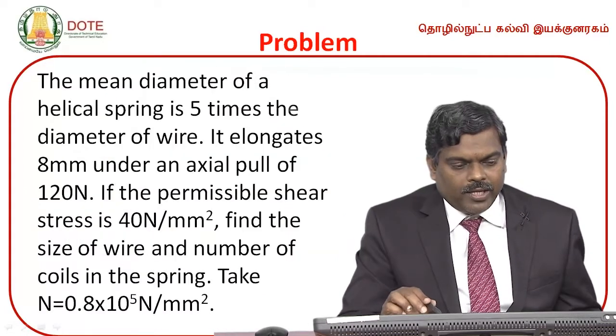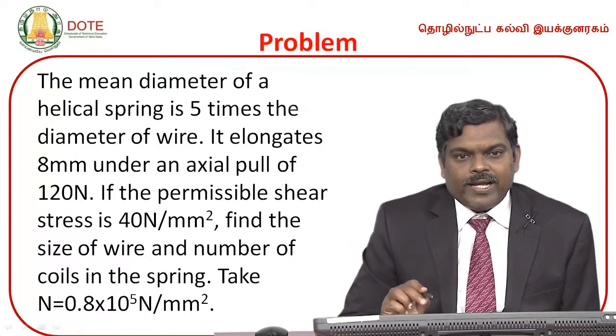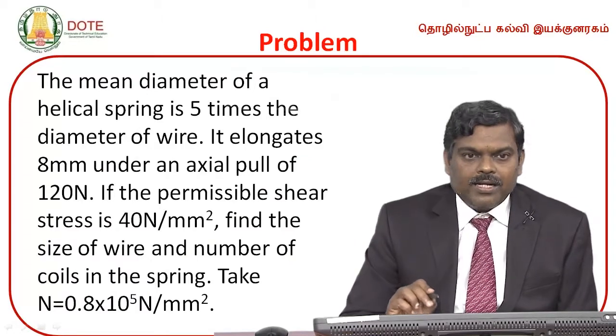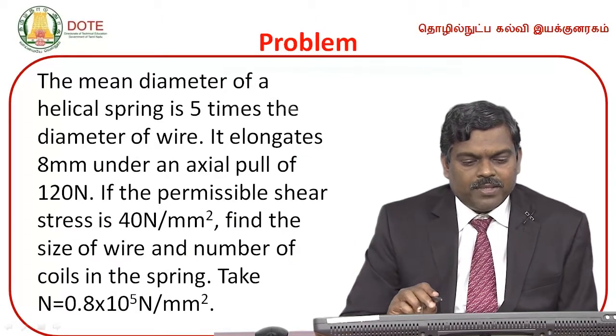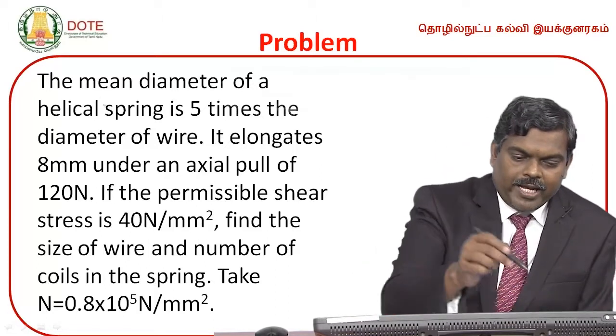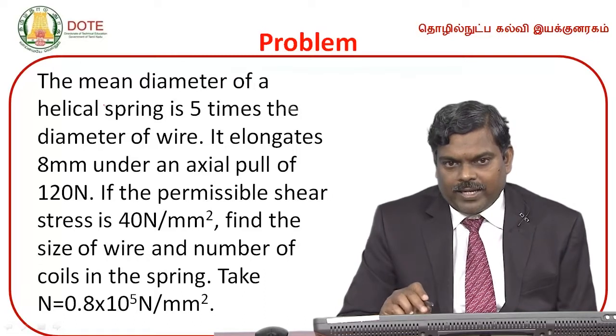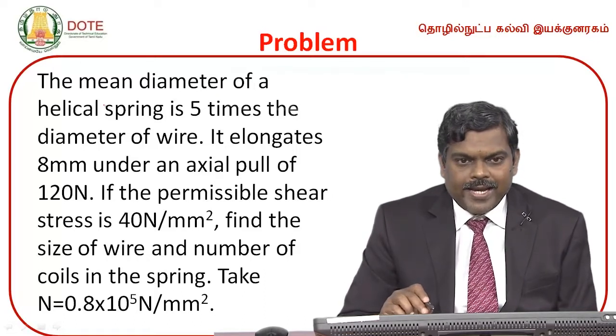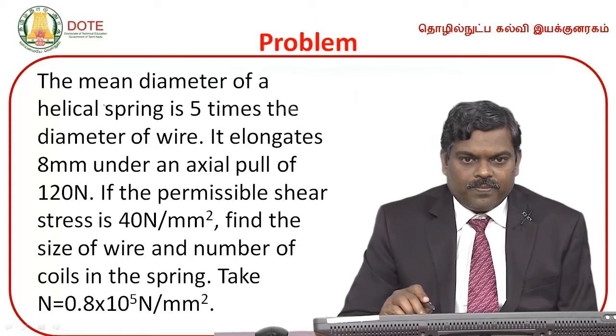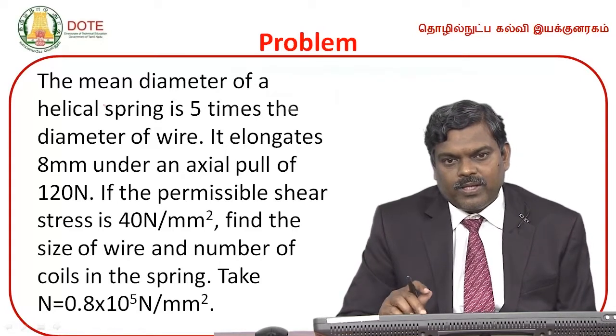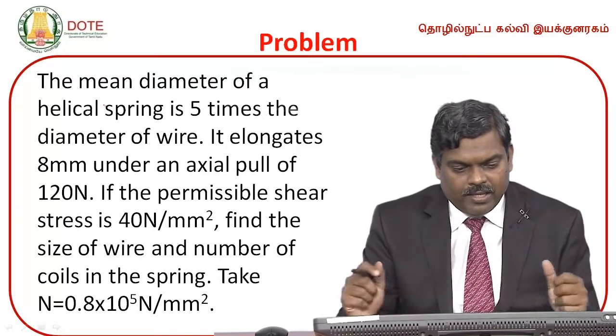Now we are going to the next problem. The mean diameter of a helical spring is 5 times the diameter of wire. It elongates 8 mm under an axial pull of 120 Newton. Elongates என்ன அர்த்தம், நமக்கு வந்து எக்ஸ்டெண்ட் ஆகுது. ஓகே, நீள்மை அடைதல்.